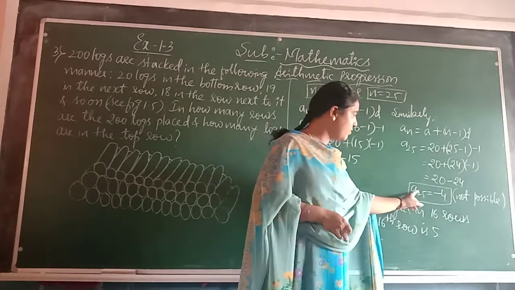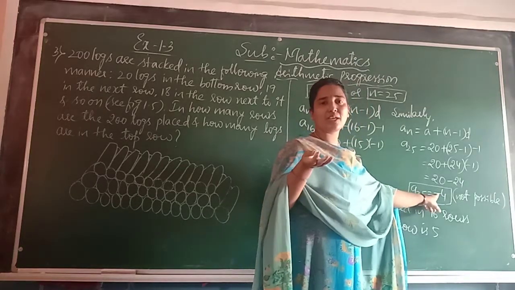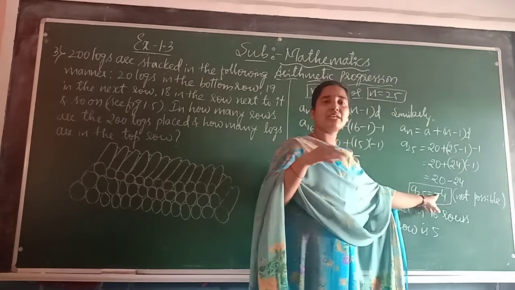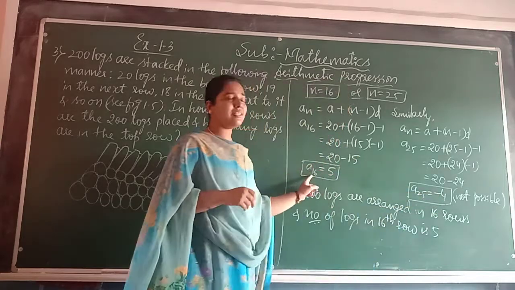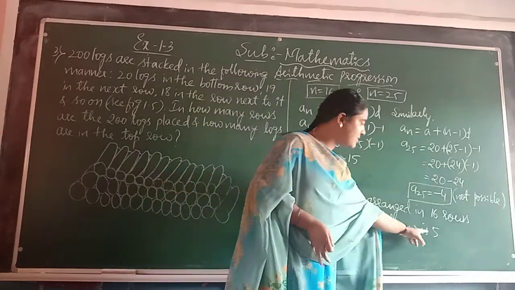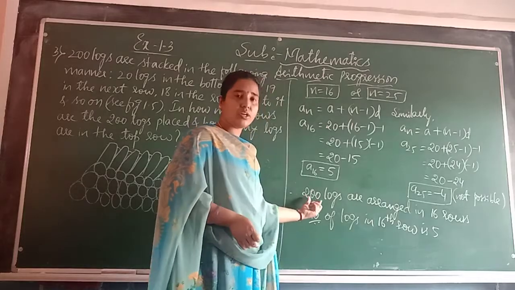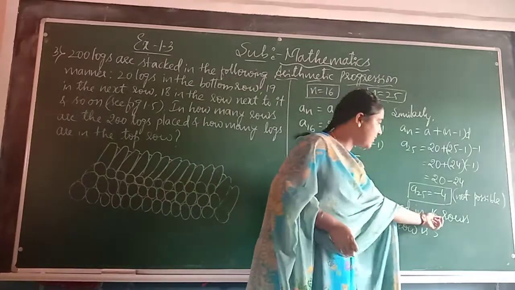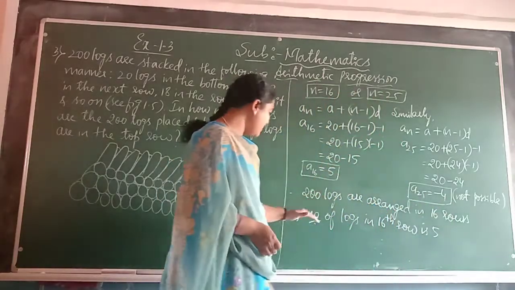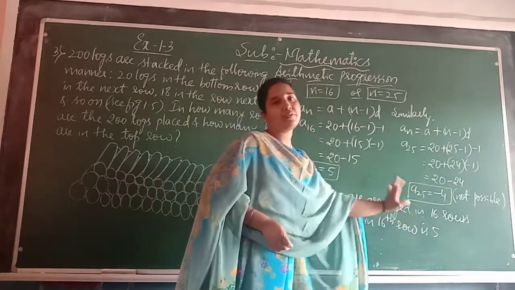Because in 25th row negative, that is minus 4 logs, it is impossible. In 16th row, how many logs we got? 5. Therefore, completely 200 logs are arranged in 16 rows, and number of logs in the 16th row will be how much? 5.